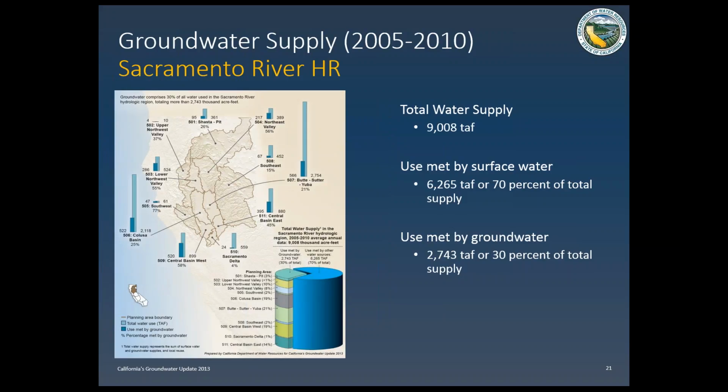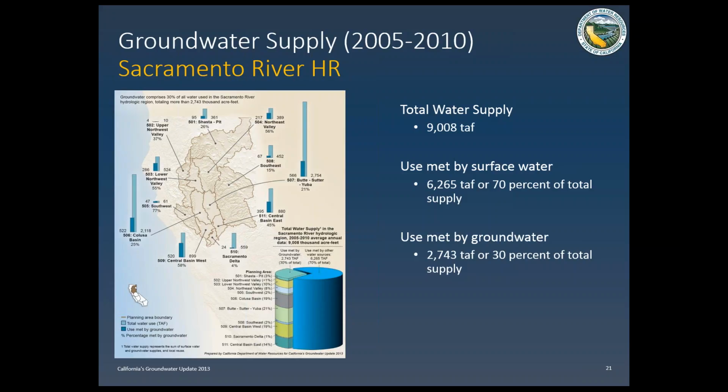Sacramento, quite a few planning areas. Won't go into all of them, but generally we're averaging about 9 million acre-feet. Surface water meets a little over 6.2 million acre-feet. Groundwater is 2.7, and the majority of the water obviously is used in the Central Valley with the Colusa Basin and the Butte-Sutter-Yuba planning area.